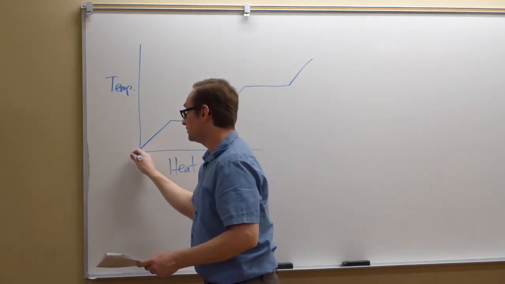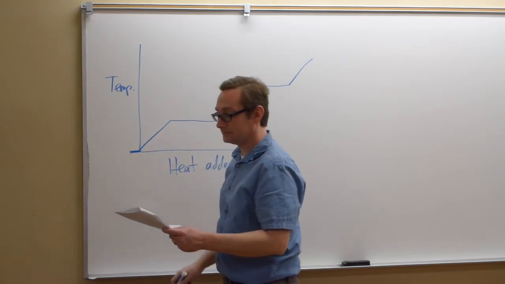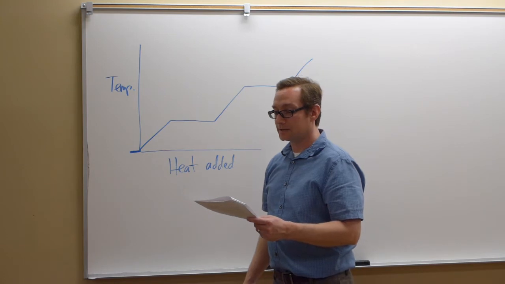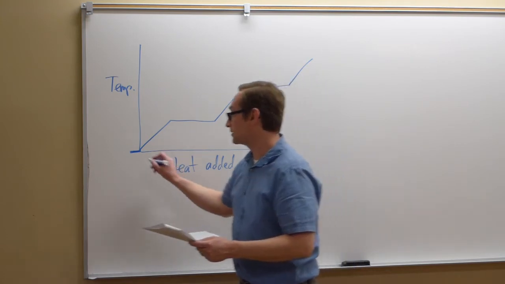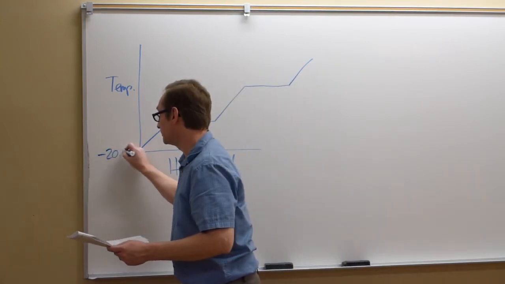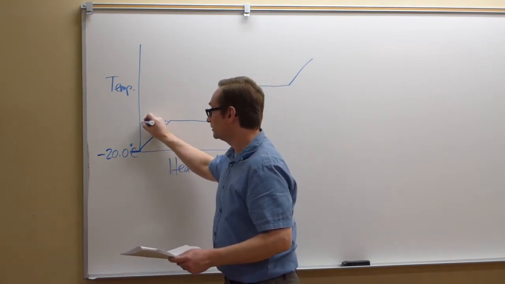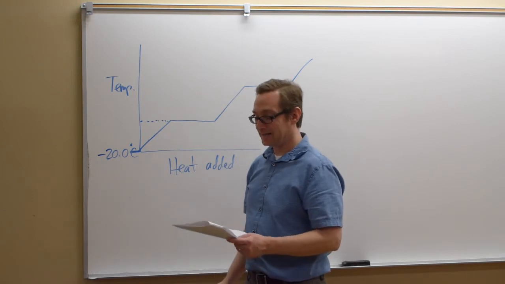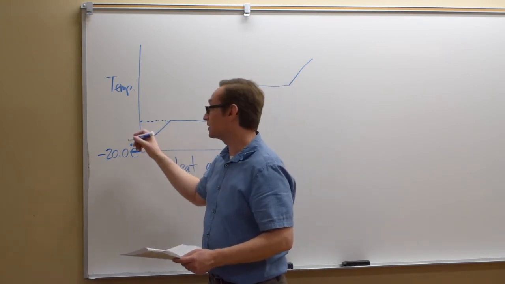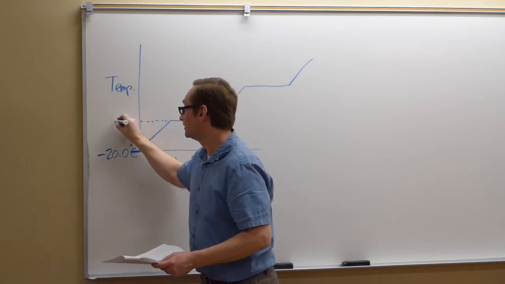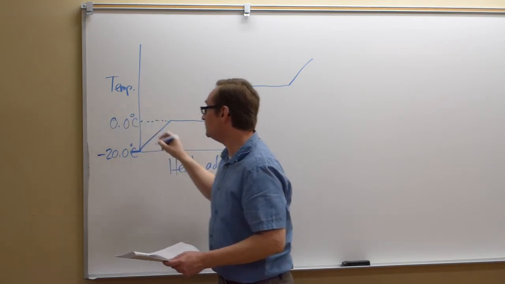So what might be this temperature at the bottom here? Is it 0 or is it minus 20? Yeah, this is going to be minus 20. This temperature right here, what's that going to be? For water, it's going to be 0. That's the temperature at which it melts or starts to melt.